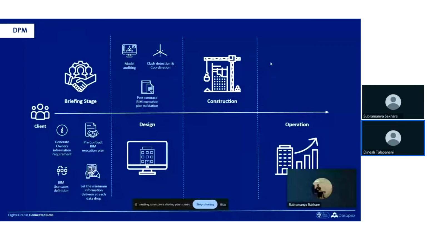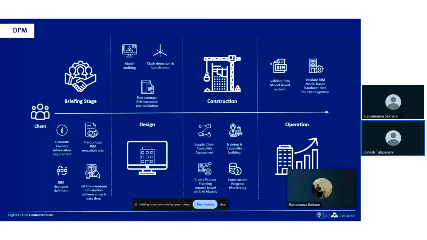When it comes to operation, a very important part is handing over the model. You do the 3D model and have all the geometrical information, but you also need to validate. At the end, a lot of changes happen on site which don't get reflected back in your drawings or model.